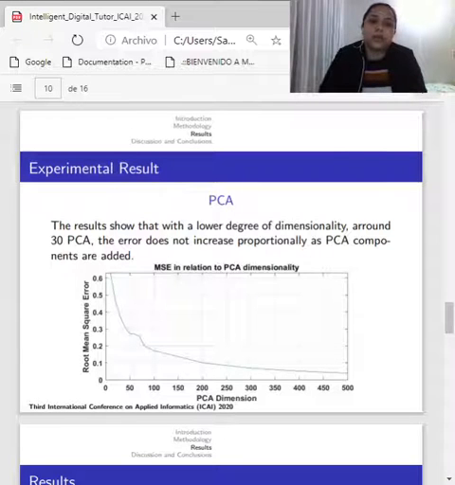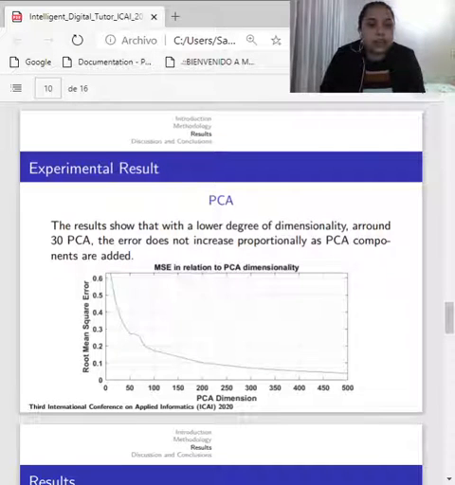For experimental results, we have the result obtained in terms of PCA. It is used to reduce the number of neurons with the aim to improve the system performance at the processing time level. The result is a descriptor of 30 elements.